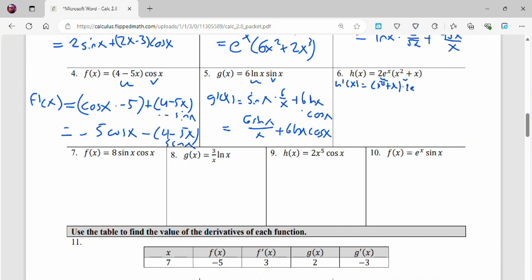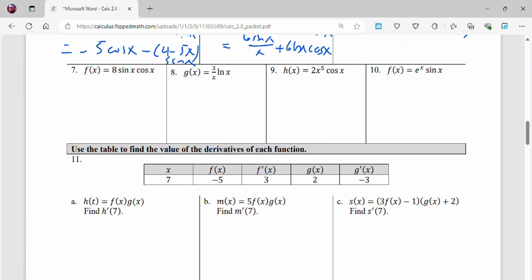So u prime is going to be 2e to the x, and then plus u v prime. So derivative of x squared plus x is 2x plus 1. So then that equals, and then we're going to factor out 2e to the x: 2e to the x times x squared plus x plus 2x plus 1.